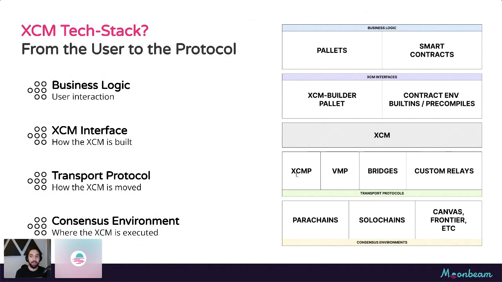Last but not least, we have the consensus environments. They can be the parachains, the relay chain, the solo chains, whatever consensus environment there is, it can be added to this group. And this is where the XCM gets executed. So you have, from the user to the consensus mechanism, how the whole thing works so that an XCM gets to the point where it can be executed.